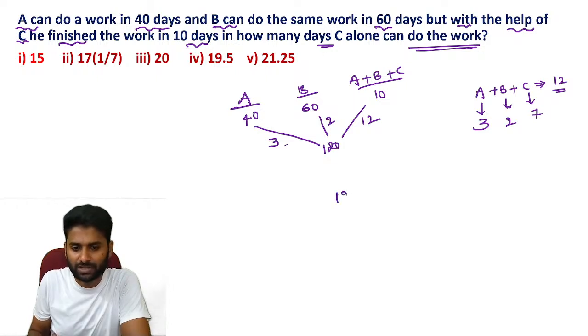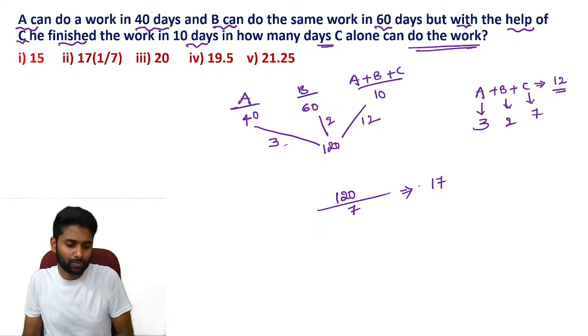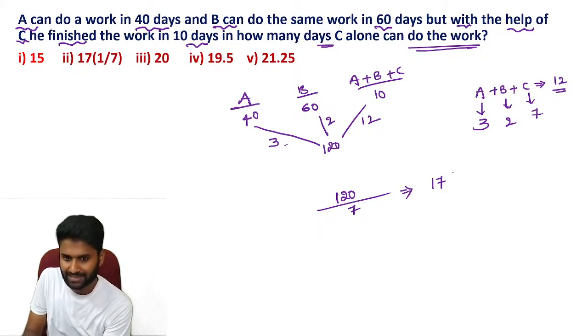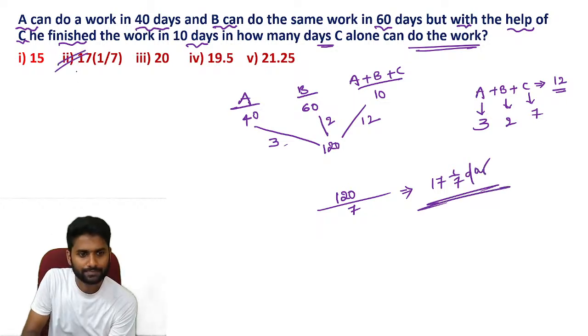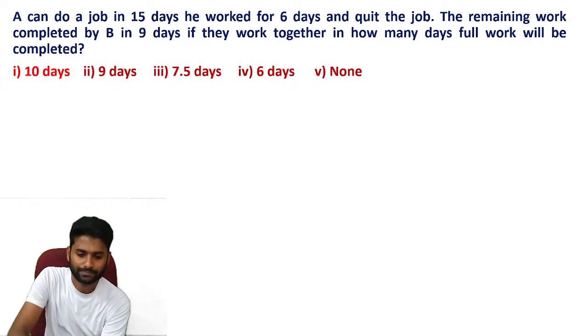Now the question: C alone takes how much time? C alone completes exactly 7 units per day. Now see, for the calculation, 7 multiplied by 17 is 119, remainder is 1 by 7. Try this question.